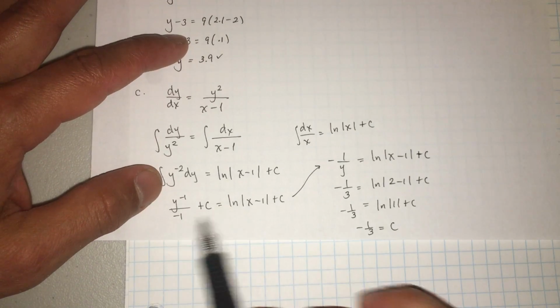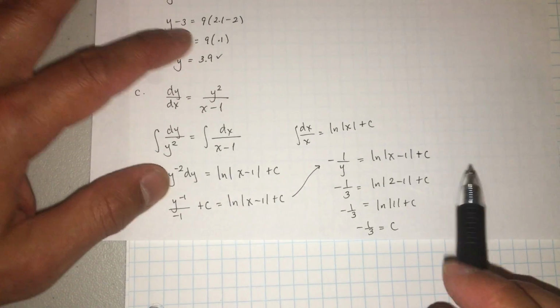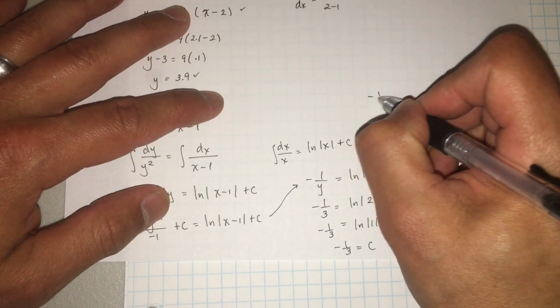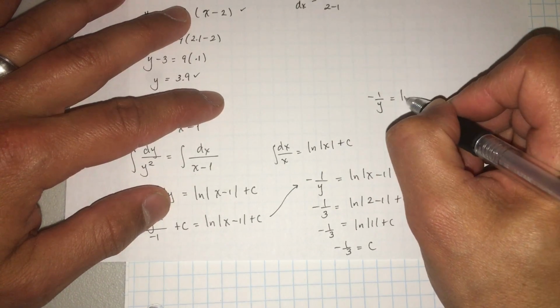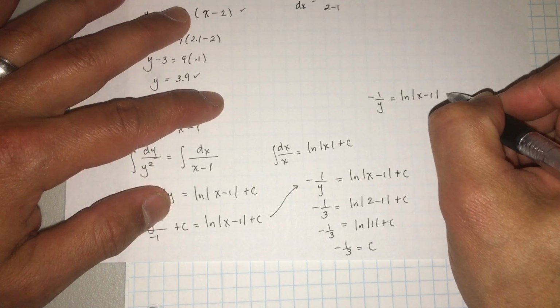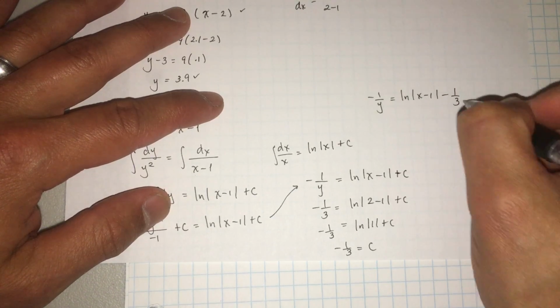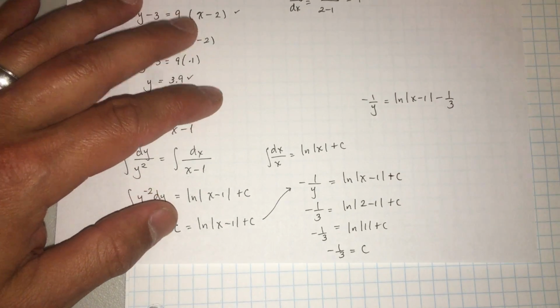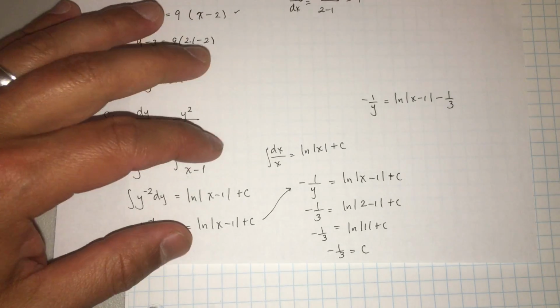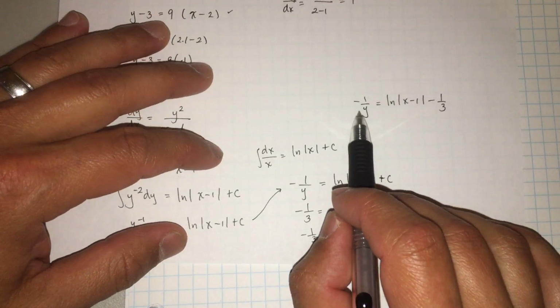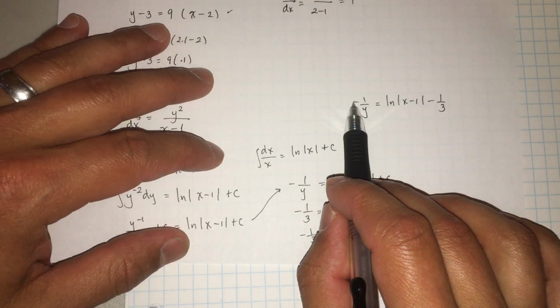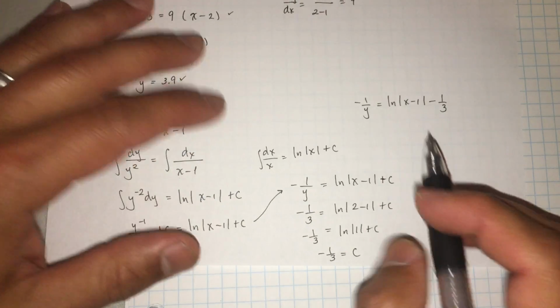So we're going to go back to here. Okay, so we're going to have negative 1 over y is equal to ln of the absolute value of x minus 1 minus 1/3. Okay, now remember, I got to solve for y. So what I'm going to do first is I'm going to multiply everything by negative 1, or divide by negative 1.